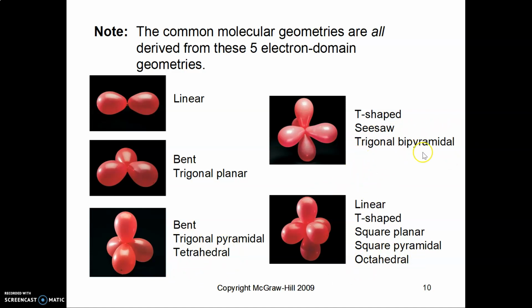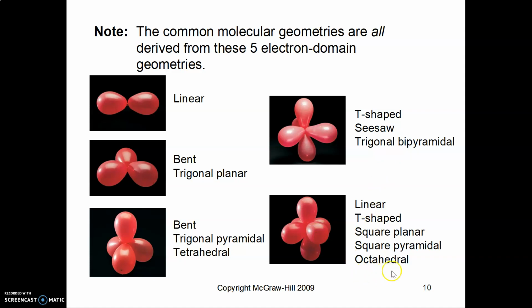So in fact, your molecular geometries may match your electron geometries. They may be called the same thing. That happens quite a bit. So, if we have trigonal planar as our electron geometry, we'll either have bent or trigonal planar. If we add another domain, so we're up to 4, we'll have bent, trigonal pyramidal, tetrahedral, and so forth.